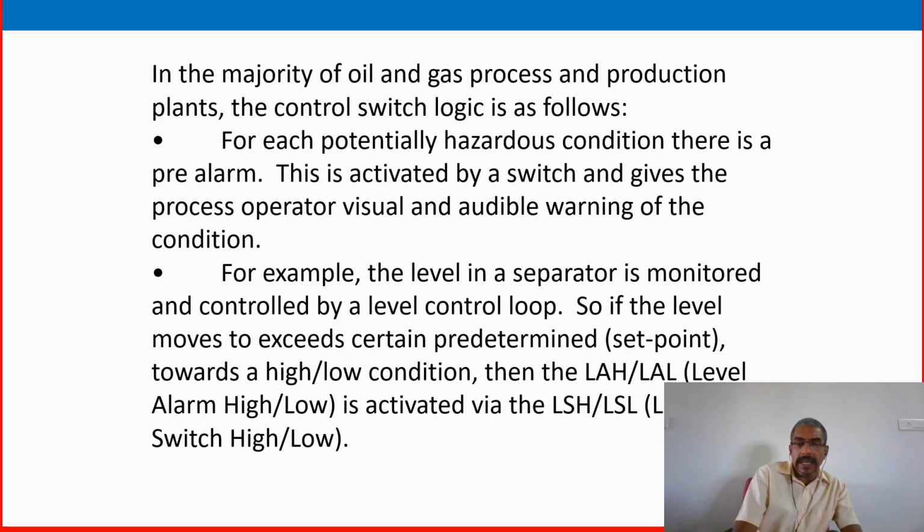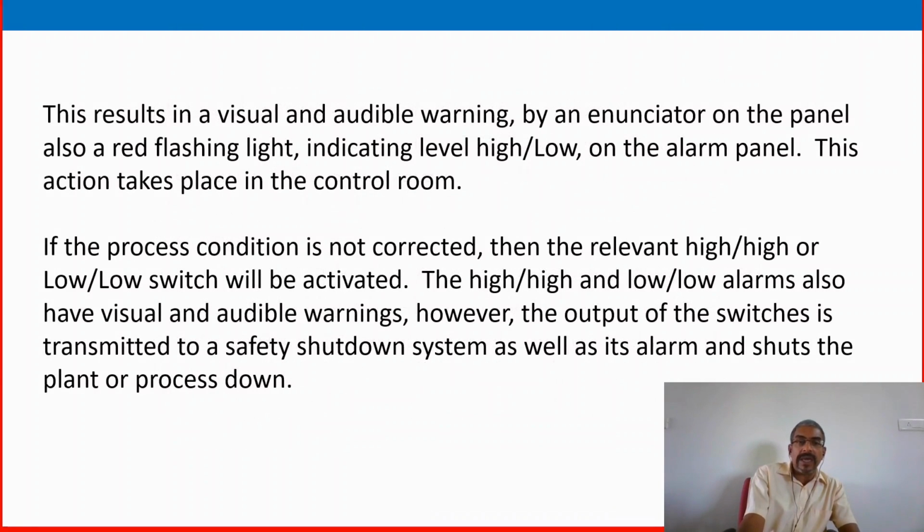The alarm is activated via a physical switch, level switch high or level switch low, installed in the field or on the separator itself. So we can see how it is working. This results in a visual and audible warning by an annunciator on the panel, also a red flashing light indicating level high or low on the alarm panel. This action takes place in the control room.